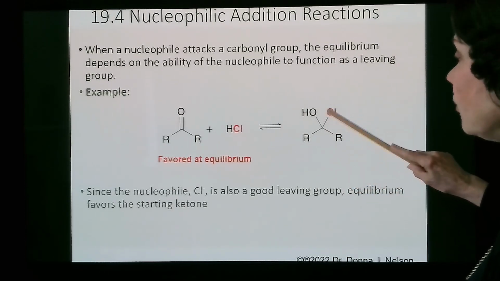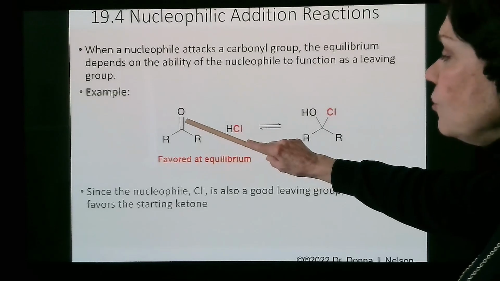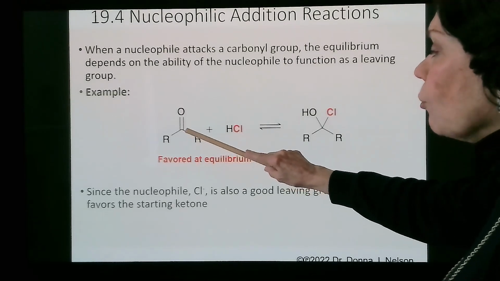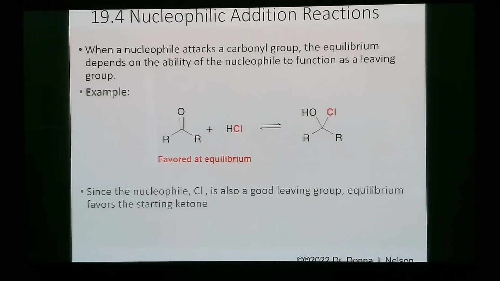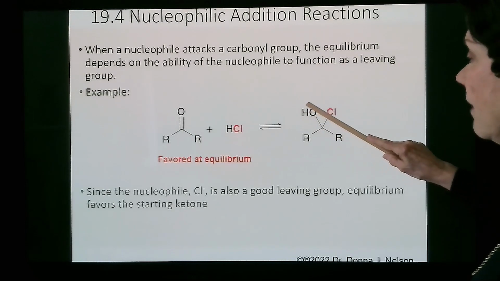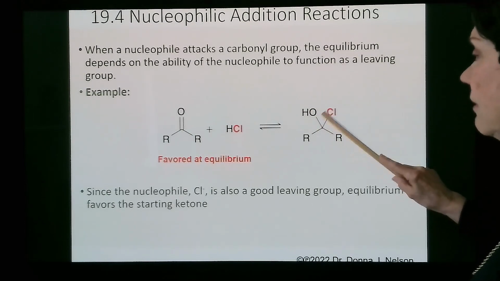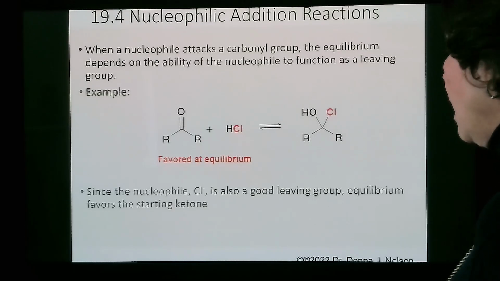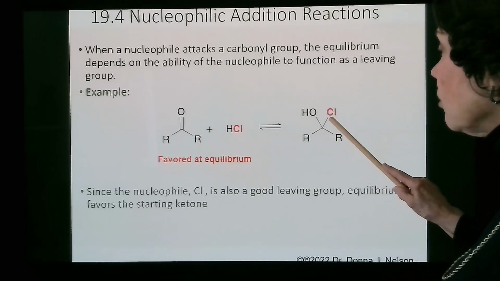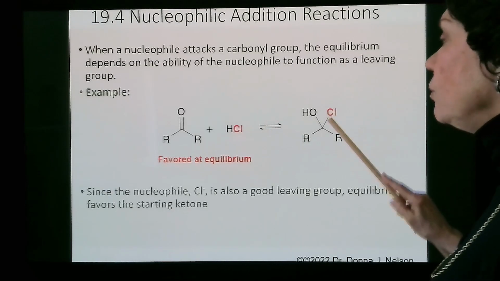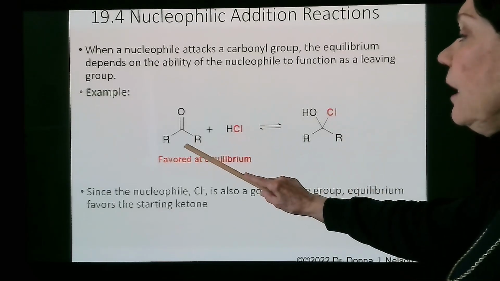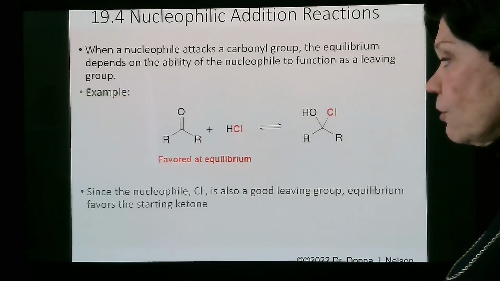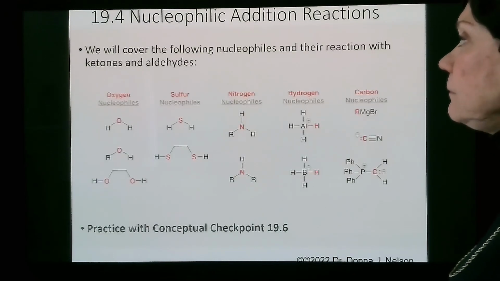If it can function as a leaving group, then you're going to have the reactants favored at equilibrium, because you know that you're not going to have the hydroxyl group depart, this reaction will not go further. And so here, because chloride is a good enough leaving group, the reactants are favored at equilibrium.